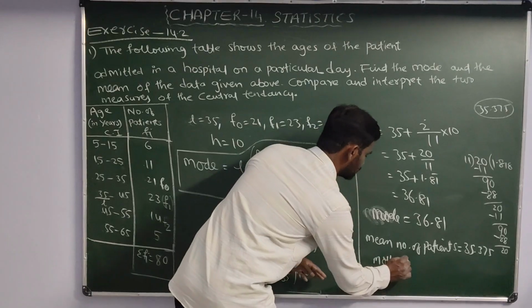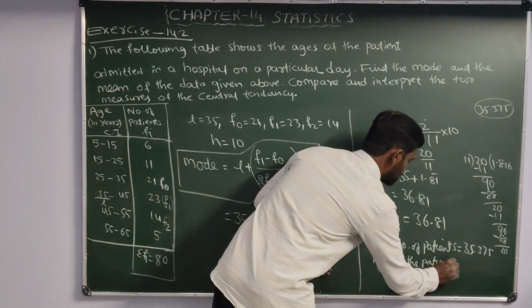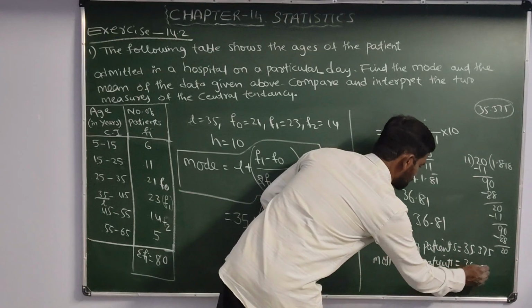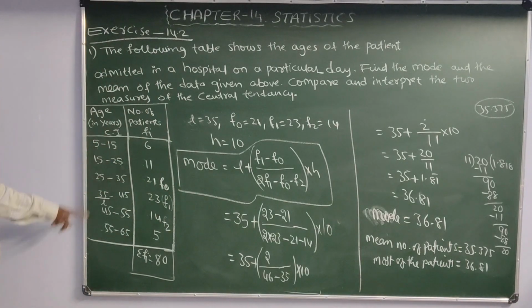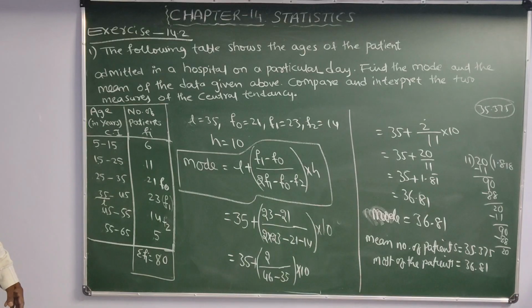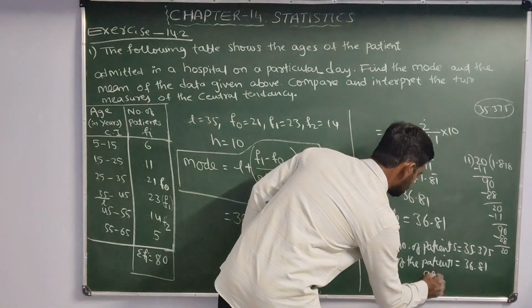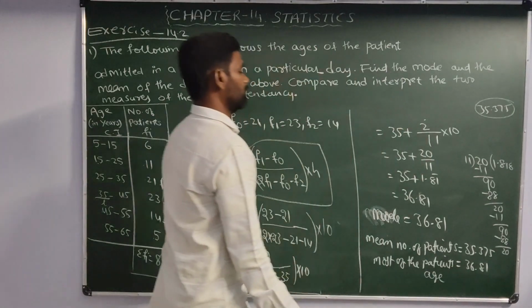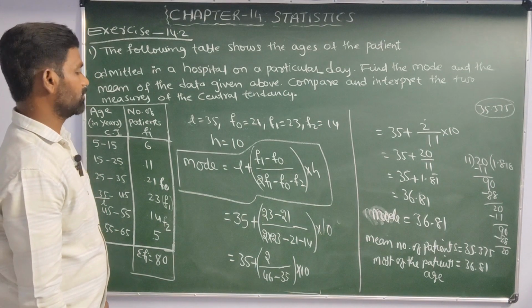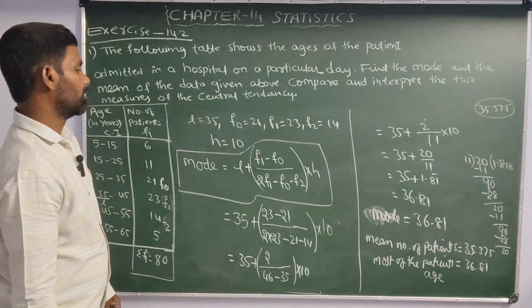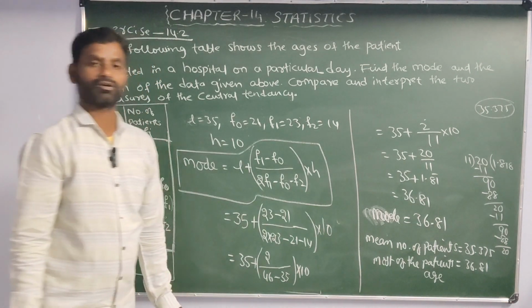Most of the patients' age is equal to 36.81. Mean number of patients is equal to 35.375. Okay, that is your answer.